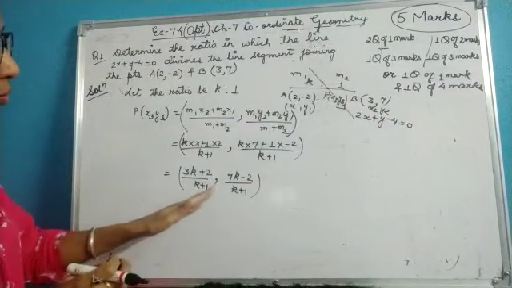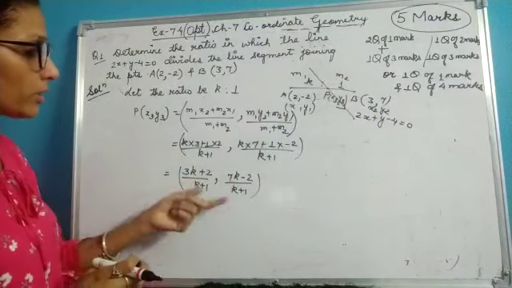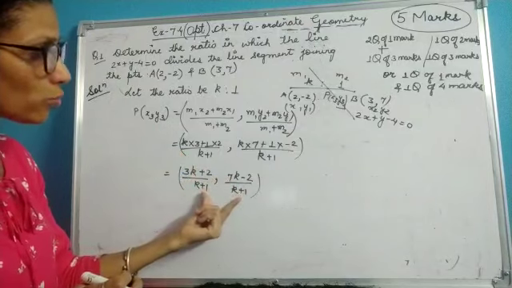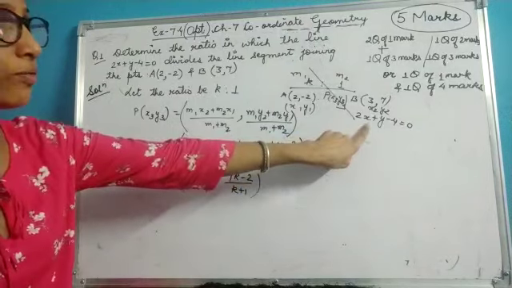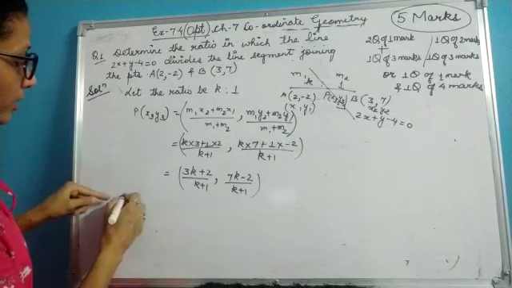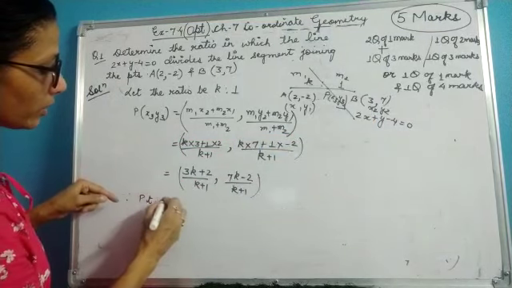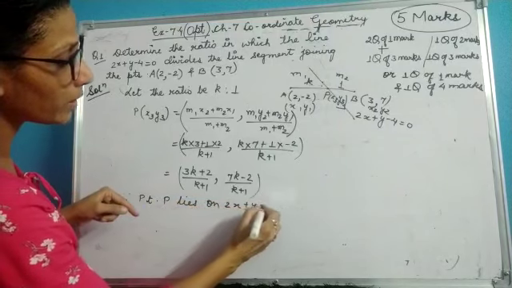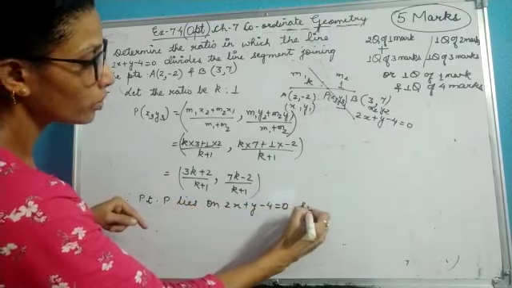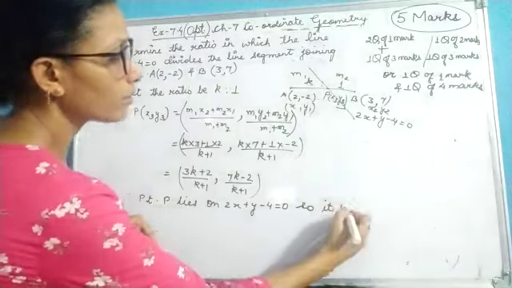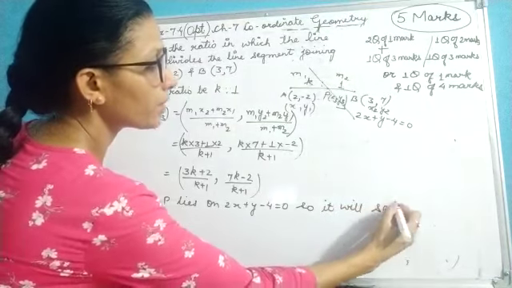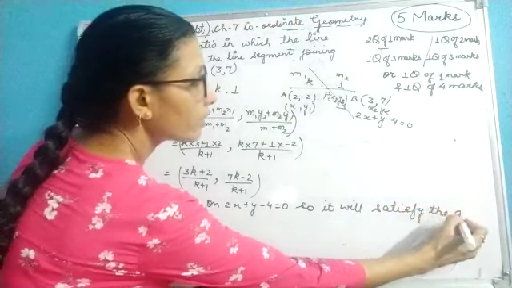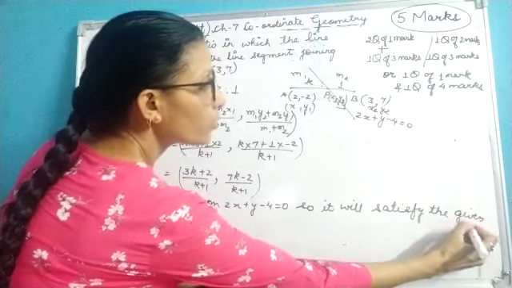Now, although the coordinates are not in numeric form, it is in variable form, still we will be putting these 2 coordinates in the given equation of line. What we will say, since point P lies on 2x plus y minus 4 equal to 0, so it will satisfy the given equation.